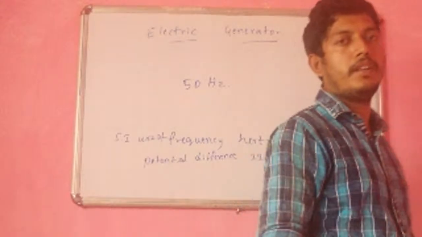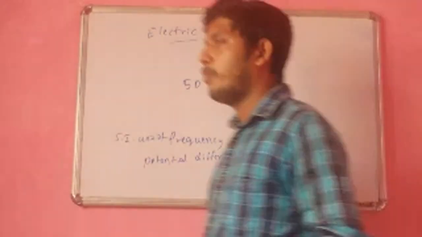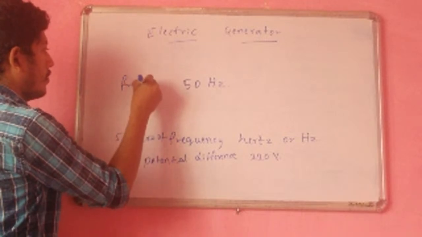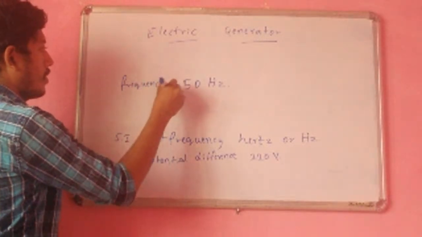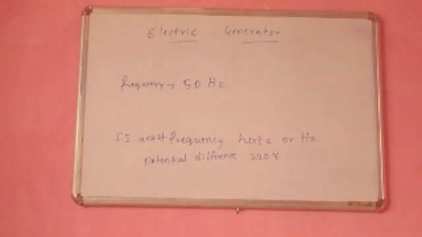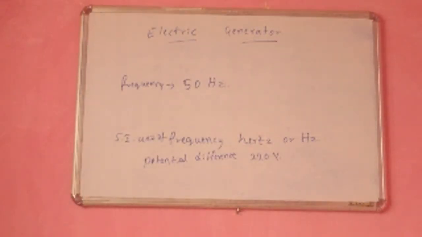Frequency is 50 Hertz and potential difference is 220 volt. This is the frequency in India. Okay, just note down these two values. The frequency is 50 Hertz and potential difference is 220 volt.